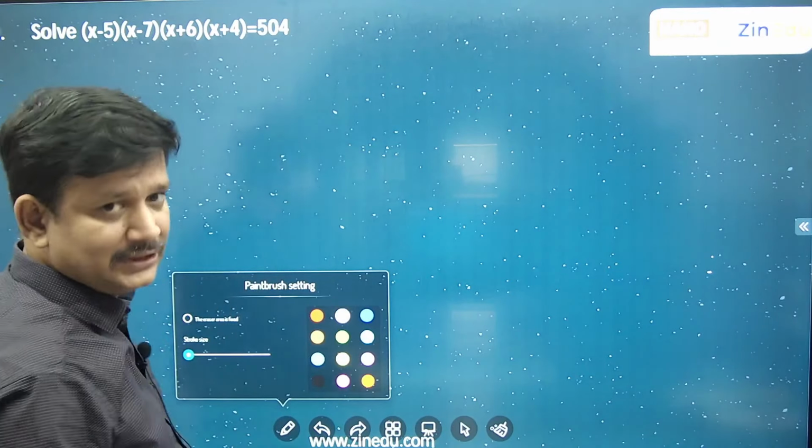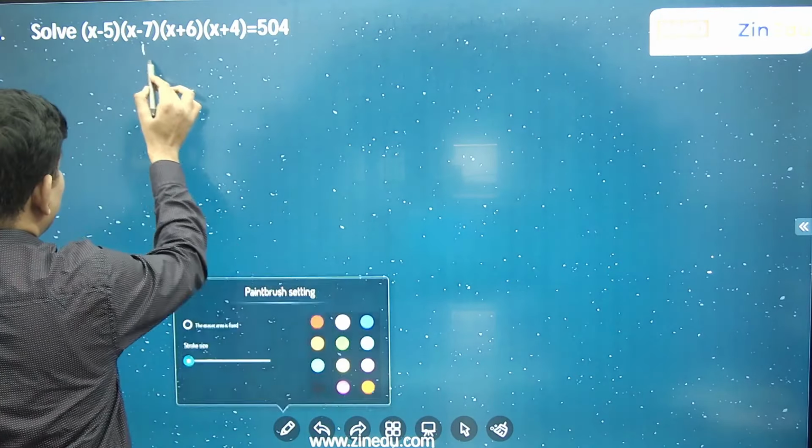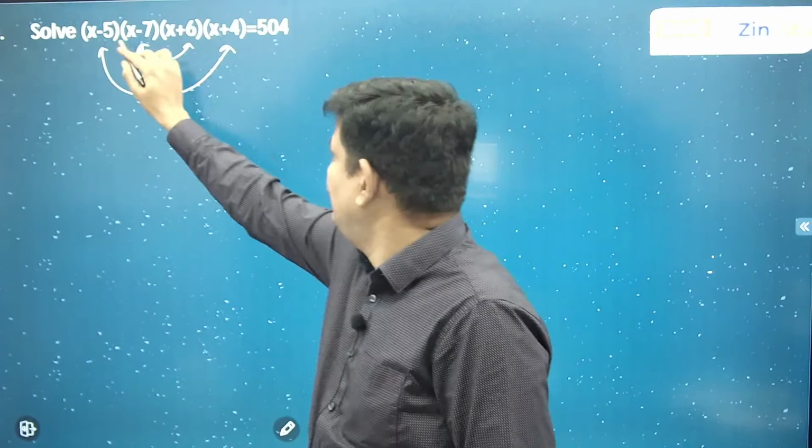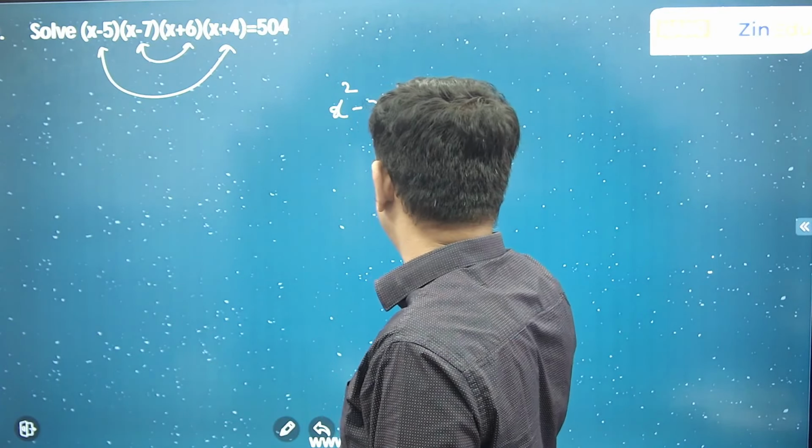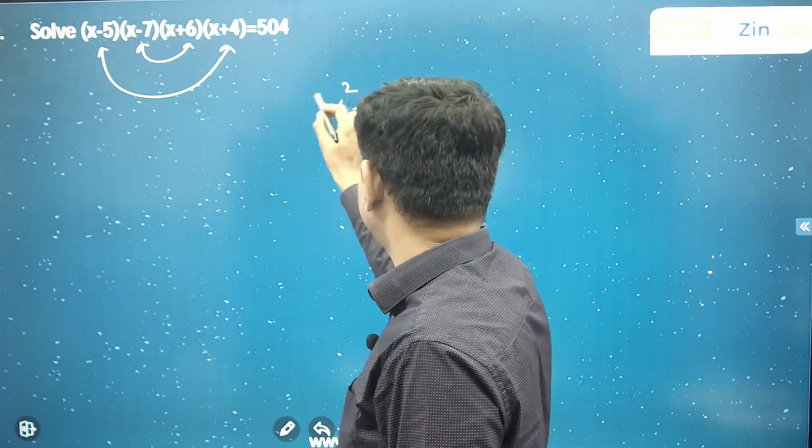Observe the numbers carefully. Minus 7 plus 6 is minus 1. Minus 5 plus 4 is again minus 1. So, pair these two numbers together. What will be the advantage? Multiply these two, x square minus x minus 20. Multiply these two, x square minus x minus 42 is equal to 504.